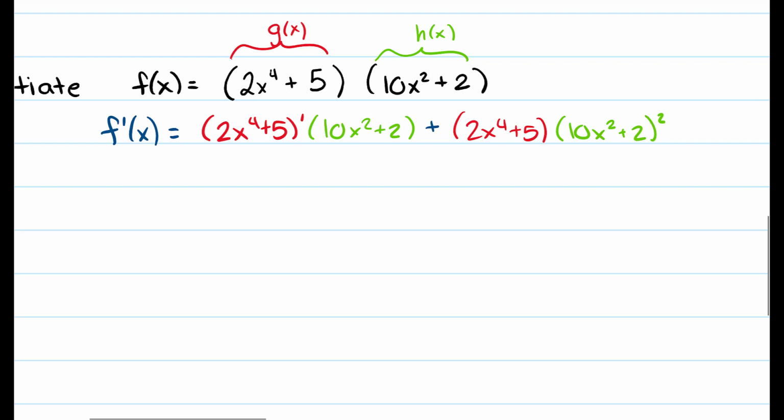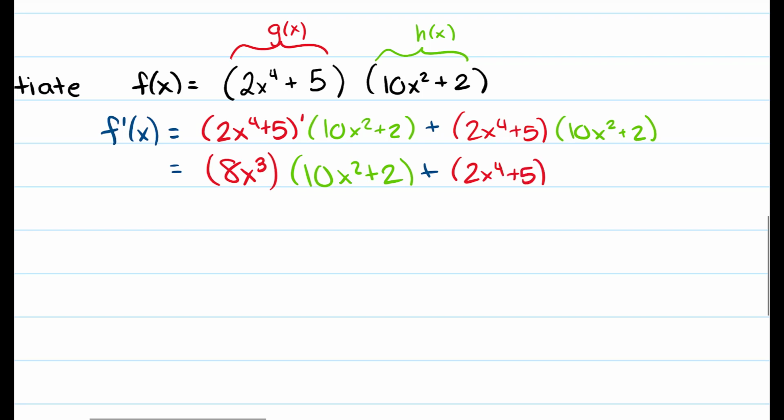And so now the derivative of our first function is just 8x cubed. And then we rewrite our second function plus we rewrite the first function, and the derivative. Oh, this should have been a derivative sign. And then the derivative of this is 20x.